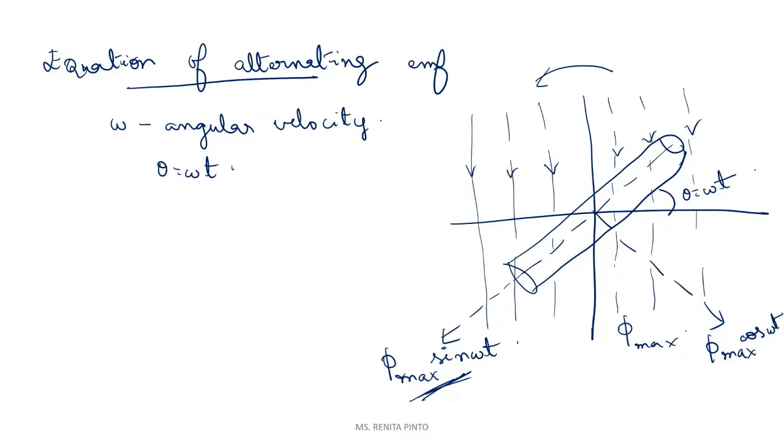So from this, we can derive the flux linkages of the coil at that instant when the coil is at theta equal to omega t. At that time, flux linkages can be calculated as number of turns into the flux linking.